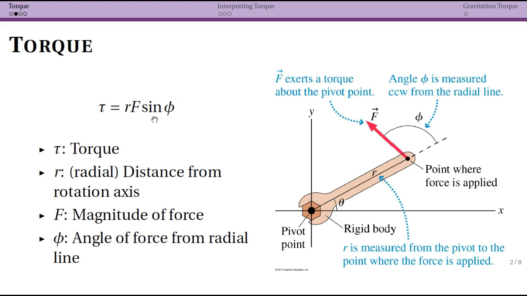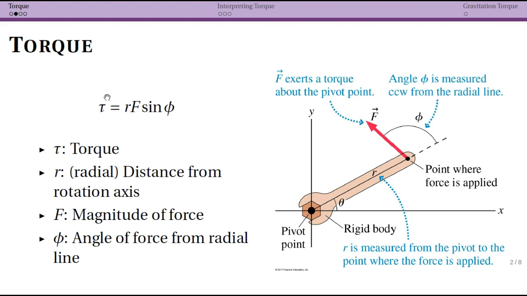The reason we don't use theta for it is because we typically use theta for other angles. So please be careful about this. This is challenging to get right, and we'll talk in the next video about different interpretations of torque that might help you think through why we use this angle.